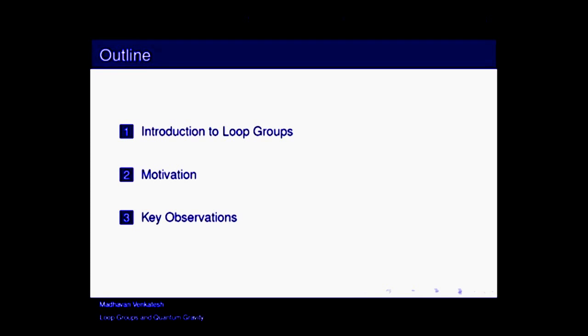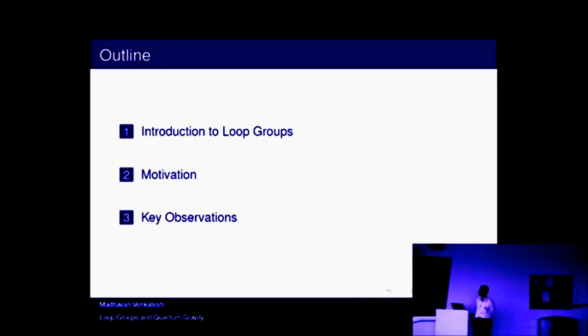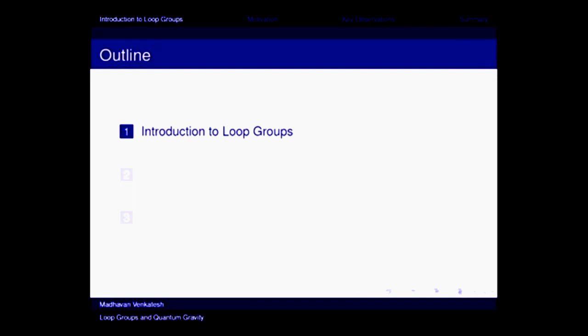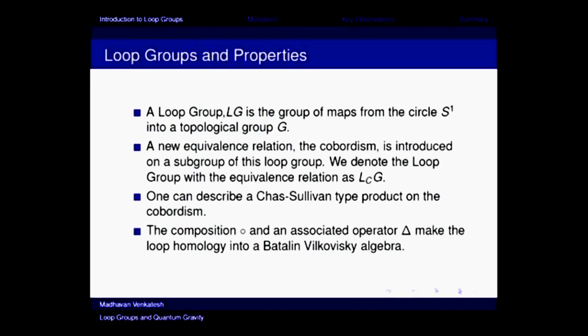And next, we motivate why loop groups are being used to develop quantum gravity, what their link with general relativity is, and what the link with quantum theory is. And afterwards we'll be looking at some observations made by attempting a theory of this. So first we start from the beginning.